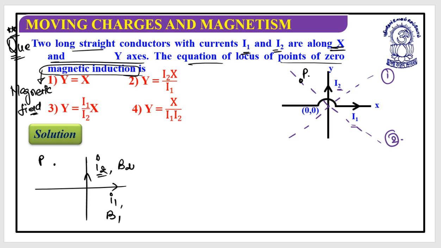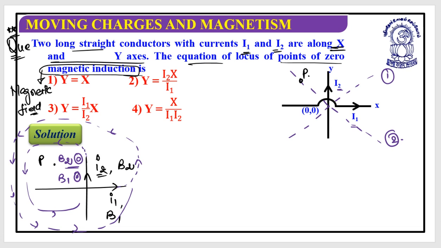So if you rotate this, it is moving in the anticlockwise direction, so B2 would be outside the plane of the paper. Even if you make this a circle, this is moving in the anticlockwise direction, so this is also outside the plane of the paper.